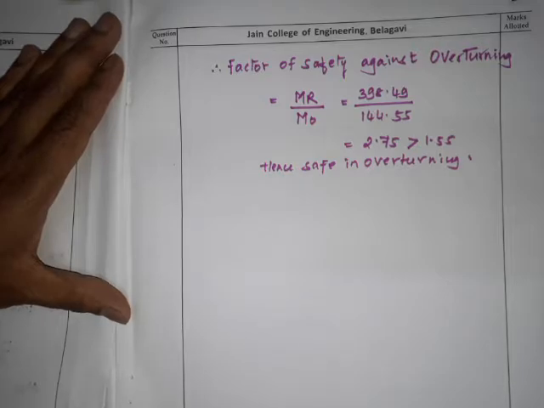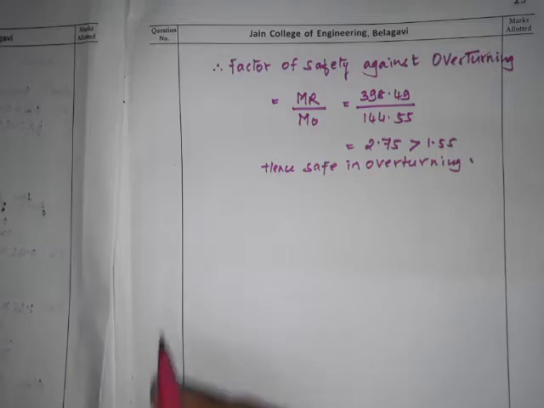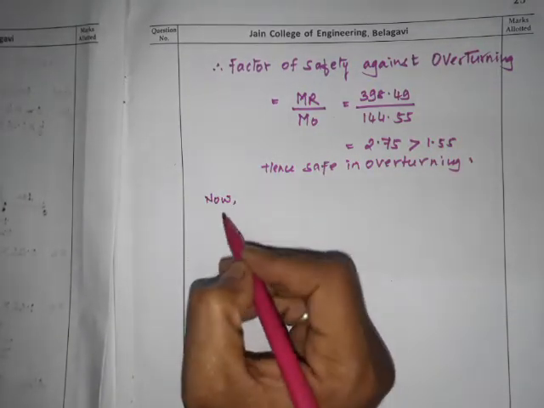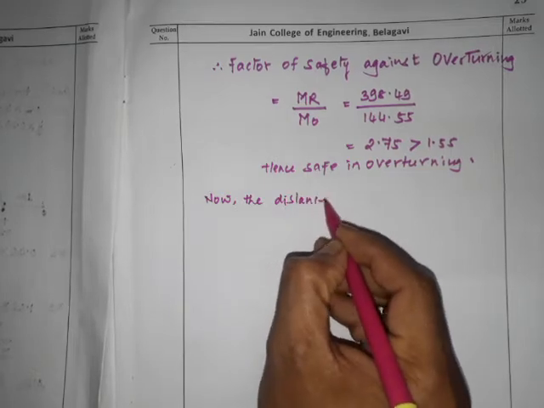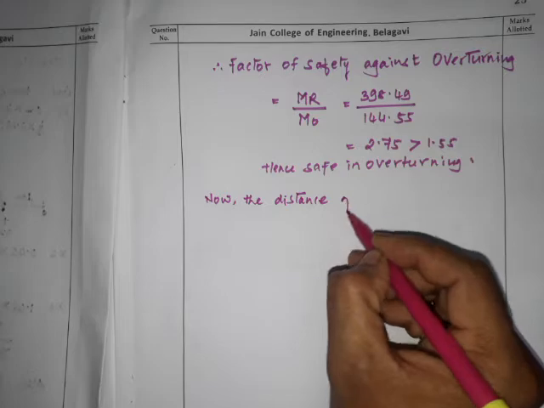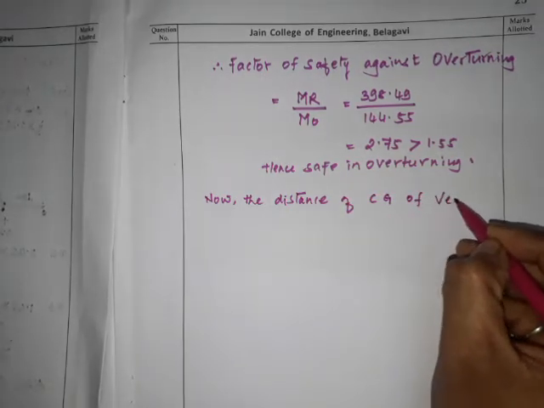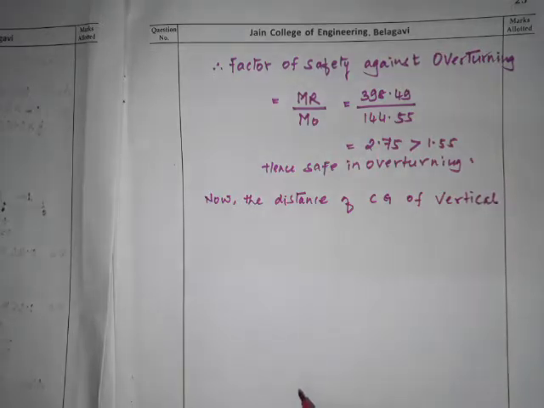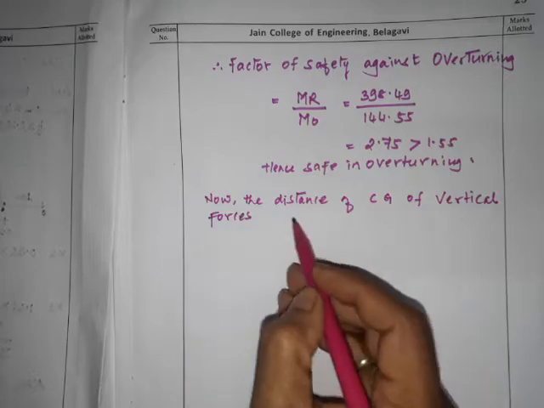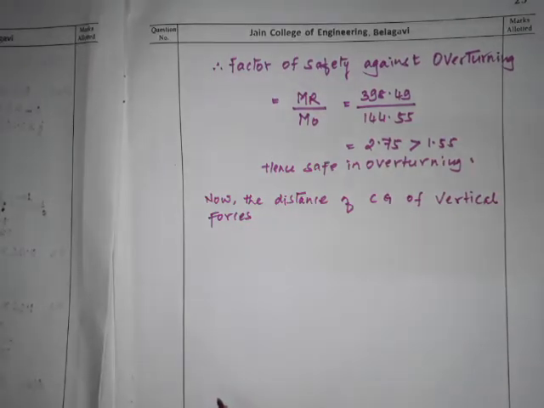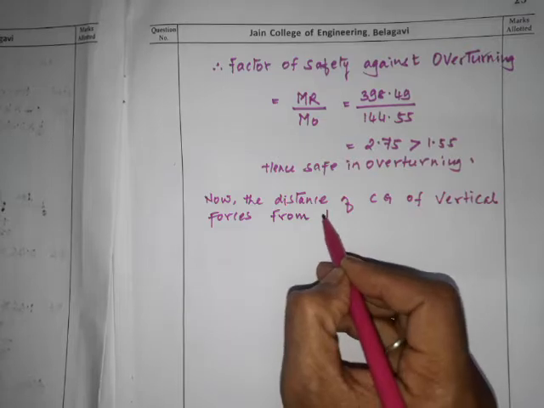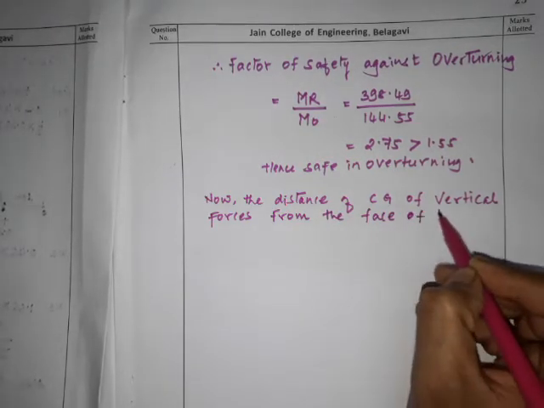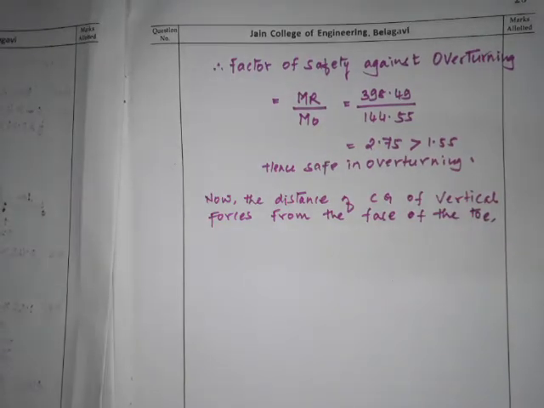For that we have to find the distance of the CG of vertical forces from the face of the toe.